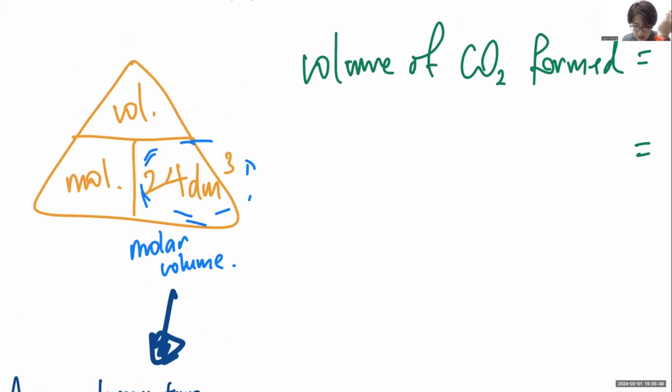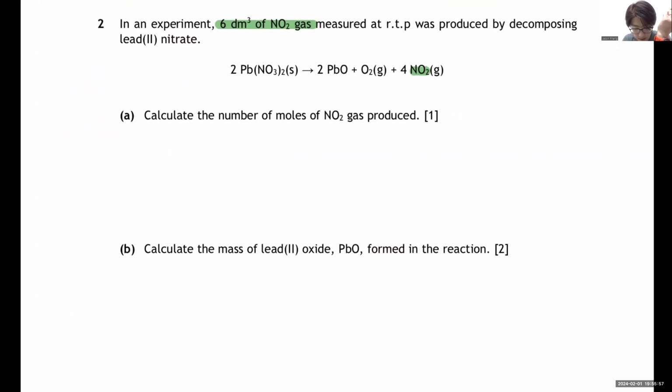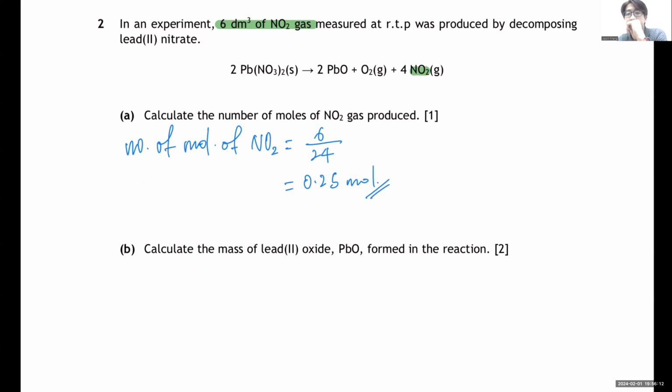So if this one is 6 over 24, I get the number of moles. Easy peasy. So again, please be conscious. This is 0.25. So I have the number of moles of NO2.